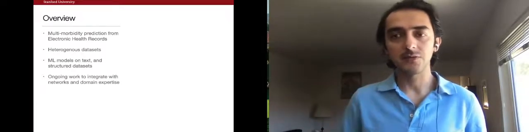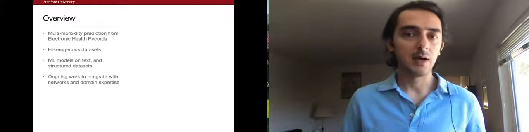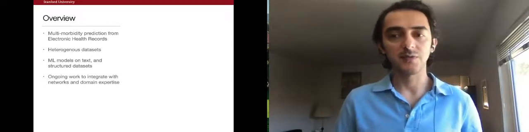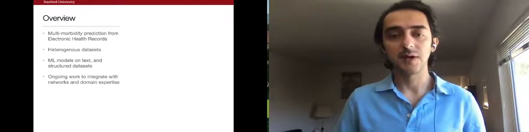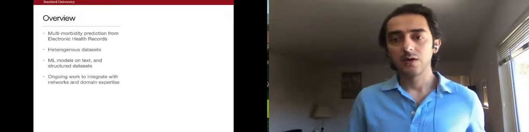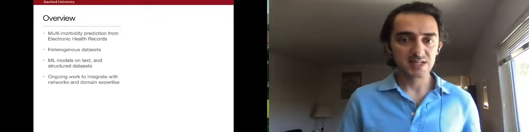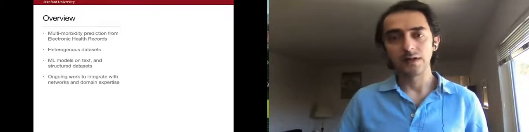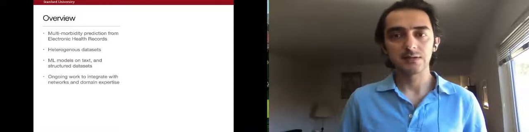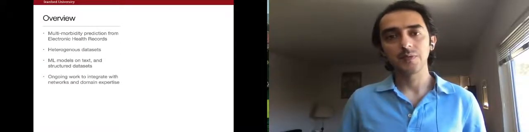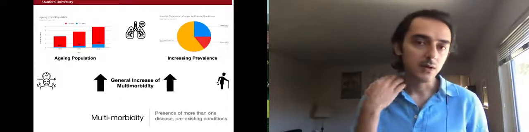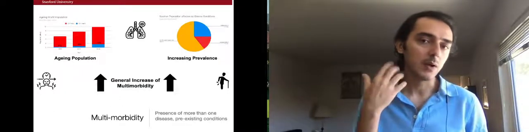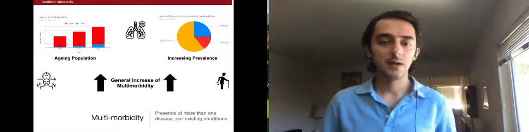Some of them are structured and some of them have an unstructured form, for example, free-form text notes written by physicians. In our ongoing work, we're expanding the current work to integrate with network datasets and also domain expertise from medical experts.